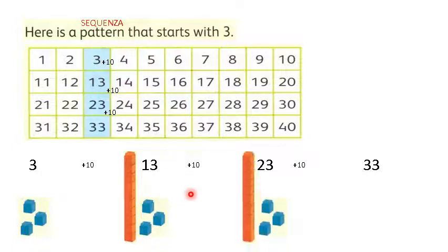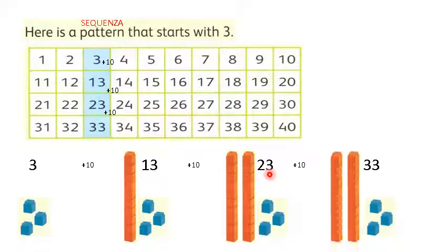So we have 13 blocks, and we go plus 10. So we add 1 red block, because 1 red block is 10. So we have 2 red rods, which are 20, and 3 blue blocks, which make 3.